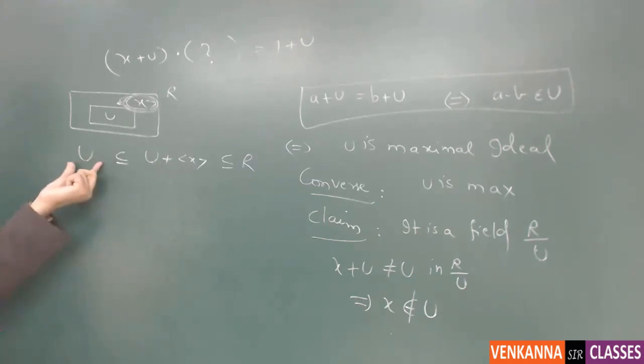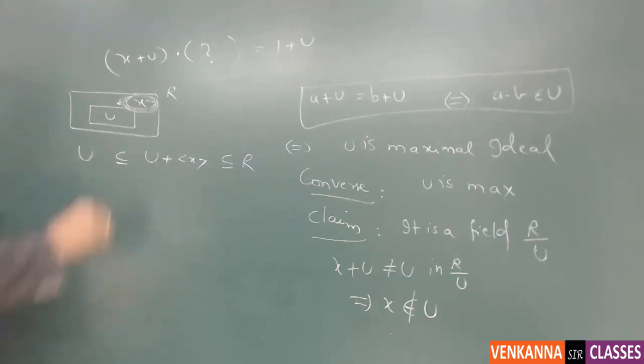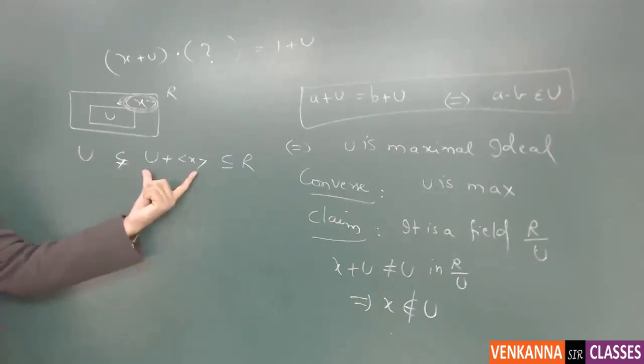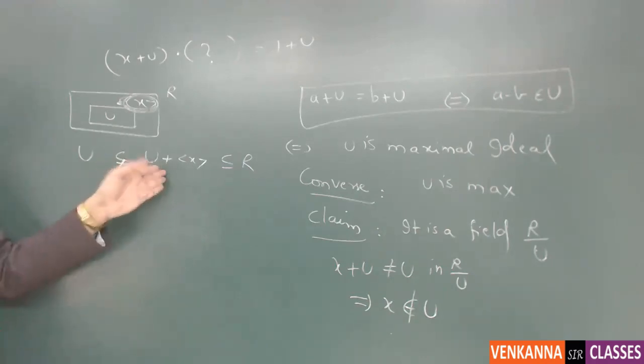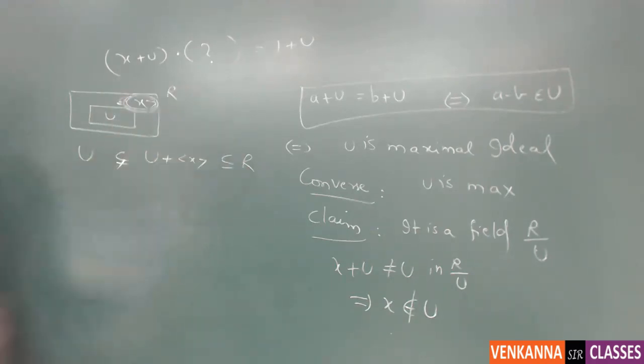So U is a proper subset of this ideal. This is a subset of R because every ideal is a subset of the whole ring.